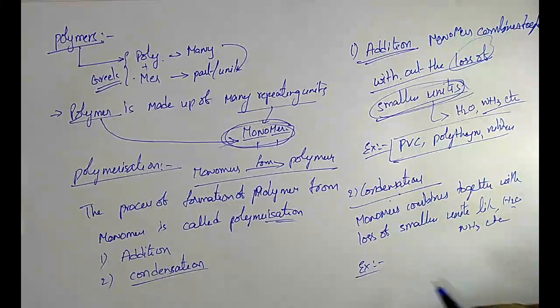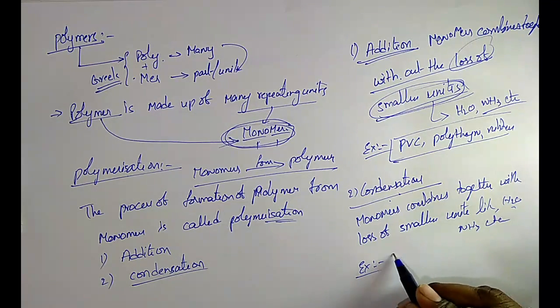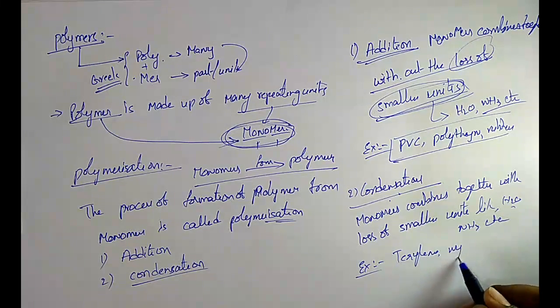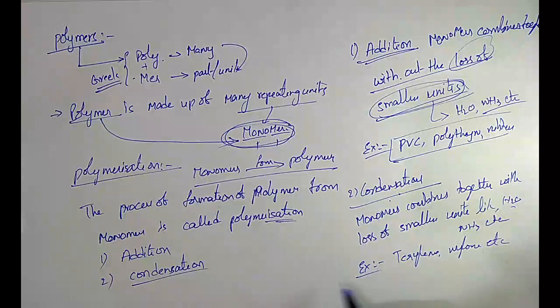Examples of condensation polymers are terylene and nylon.